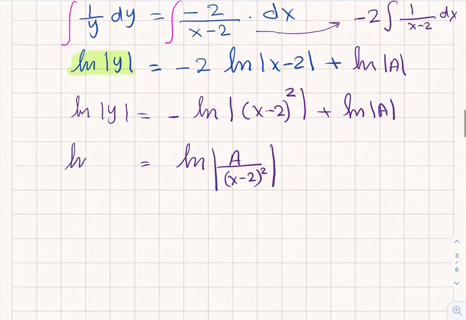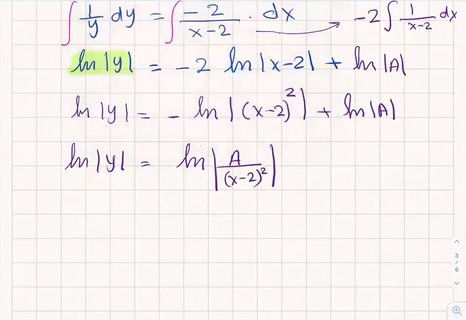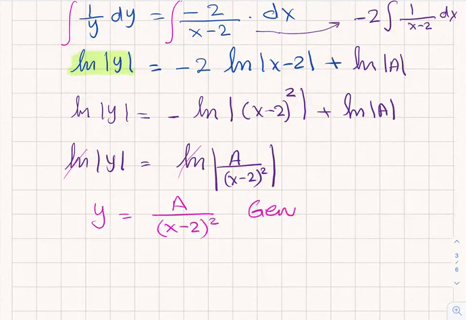So ln y equals ln a over x minus 2 squared. Because we have ln on both sides, we can cancel down the ln's, and we end up with y equals a over x minus 2 squared. So this is the general solution.